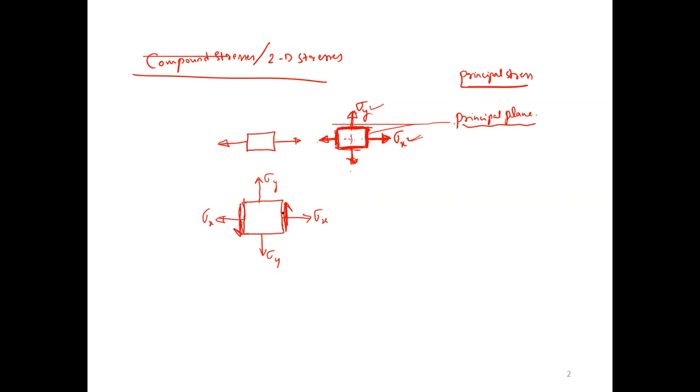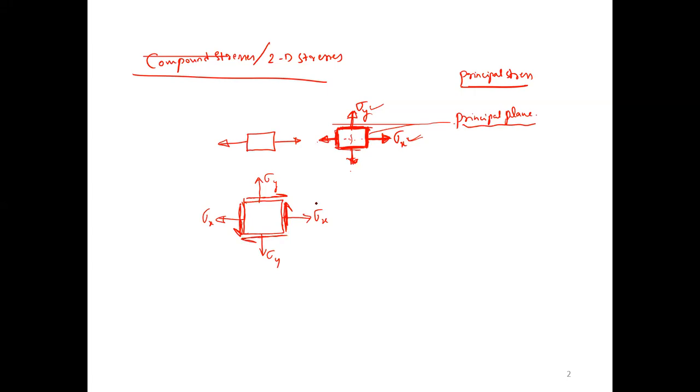Because of these two forces, how is the body rotating? In which direction? Anti-clockwise. But strictly speaking, in mechanics of materials, whatever body we consider must be in equilibrium. To bring the body into equilibrium, what do we have to do? We have to apply one more pair of equal and opposite forces.